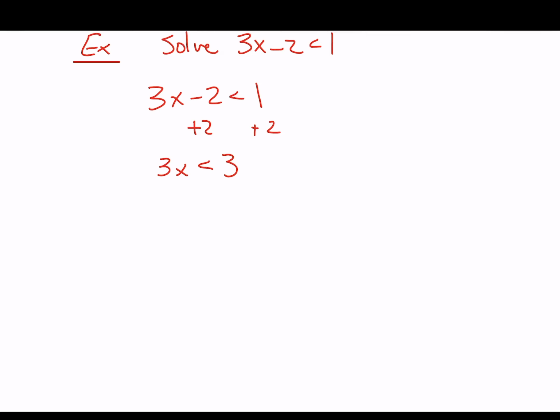Then we can use the multiplication property to divide both sides by 3, the coefficient in front of our variable. The 3's on the left-hand side will cancel, and I have x is less than 3 over 3, so x is less than 1. And that is our solution.